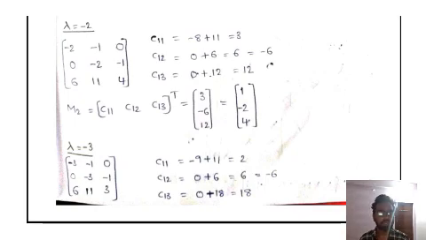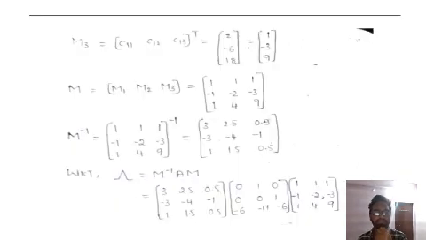And next lambda equal to minus 3, with the same process as the before two equations. We get lambda equal to minus 3, that M3 equal to C11 C12 C13, we can get 1 minus 3 9.